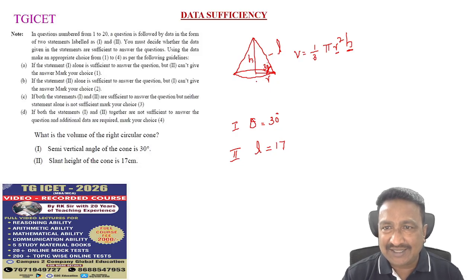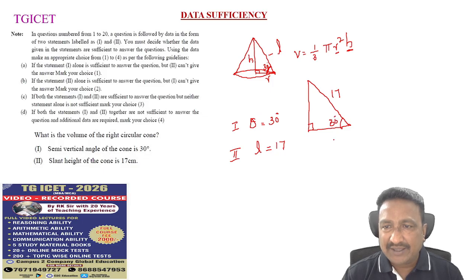If you take this right circular cone separately, this is the right angle. Here exactly 90 degrees will be there, and they gave the slant height as 17 centimeters and this angle as 30 degrees.